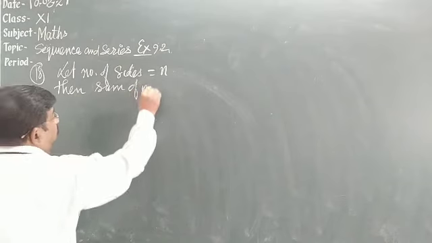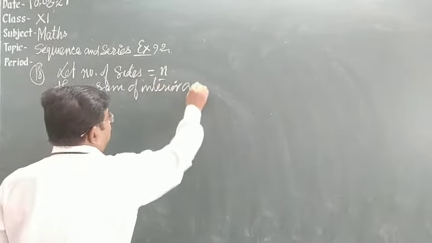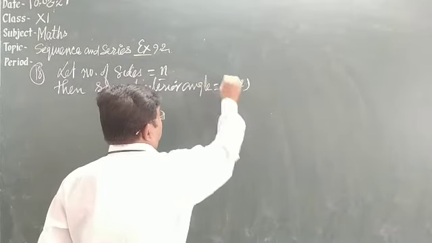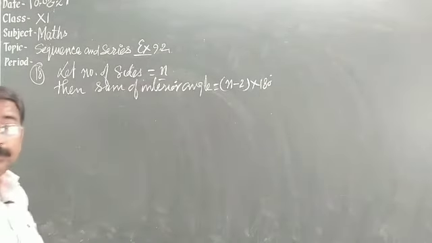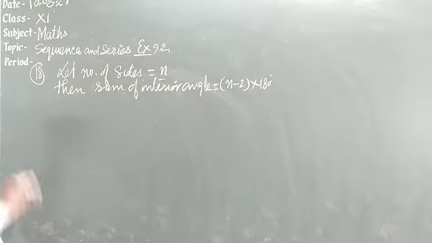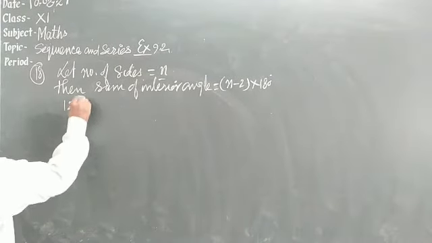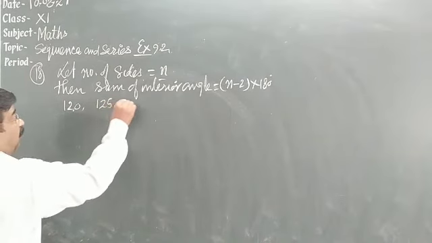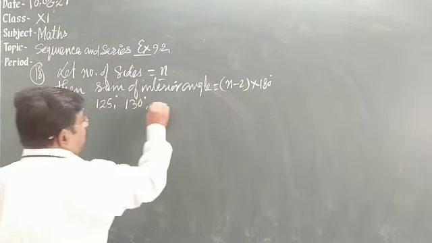Then the sum of interior angles, you know it, is (n minus 2) into 180 degrees. The smallest angle is given as 120, the common difference is 5 degrees, then 125, 130 degrees and so on.